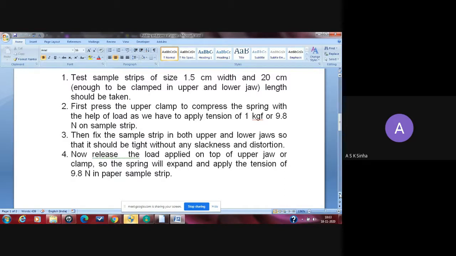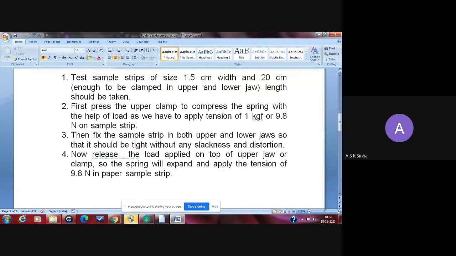The second step is to first press the upper clamp to compress the spring with the help of a load, as we have to apply a tension of 1 kg force or 9.8 Newton on the sample strip. Then fix the sample strip in both the upper and lower jaw so that it is tight without any slackness or distortions.